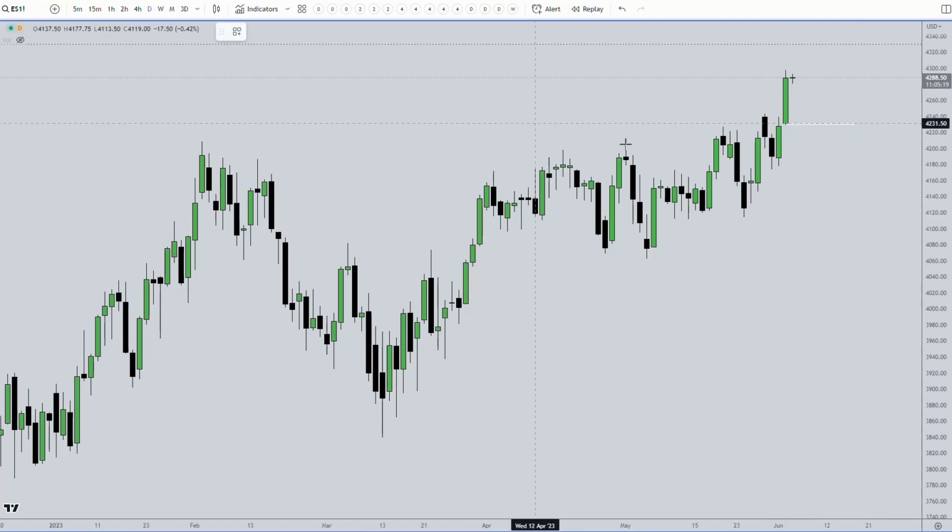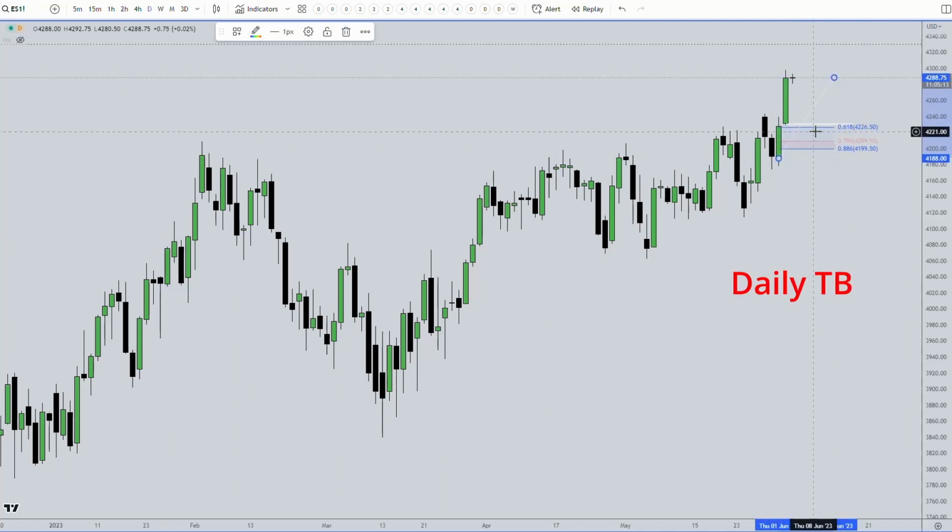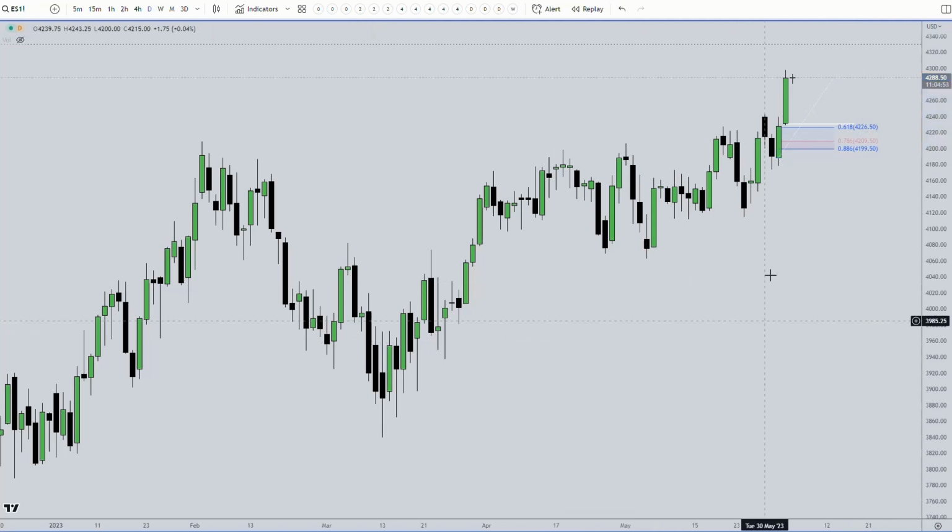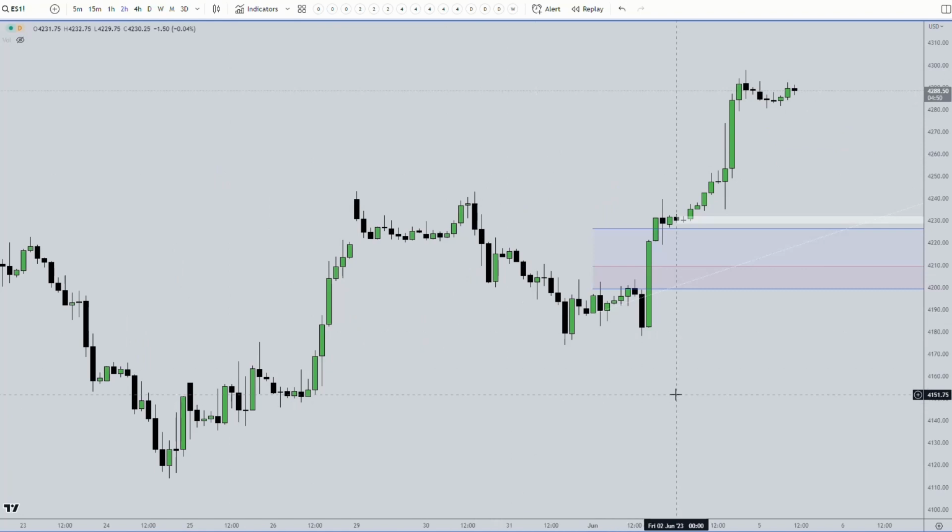And finally, what we also want to take is our fib tool and look for a potential target box, which would start at around the same level, 4,226.